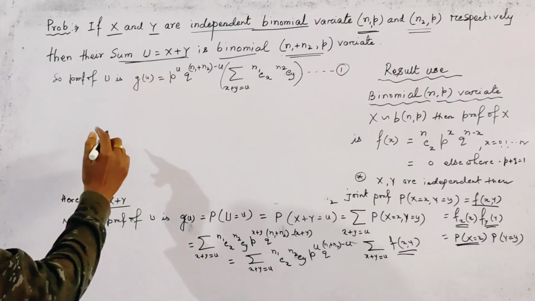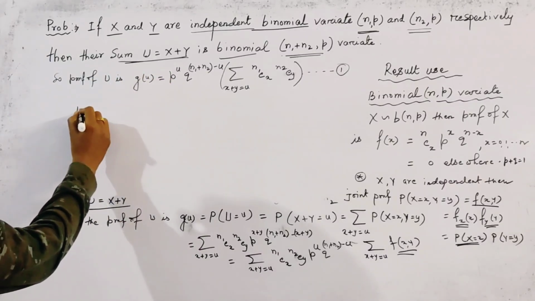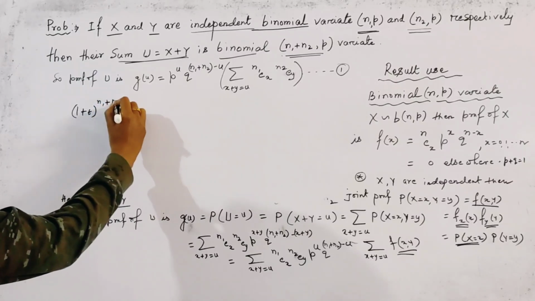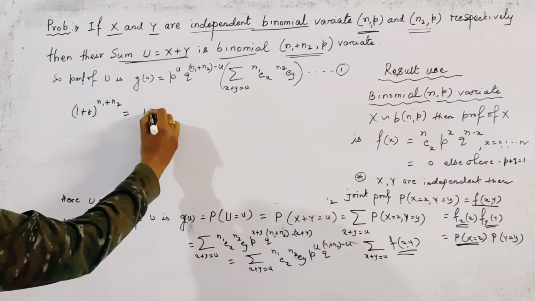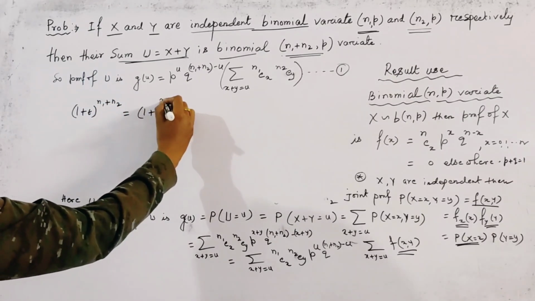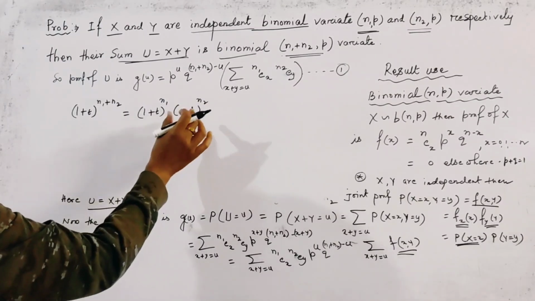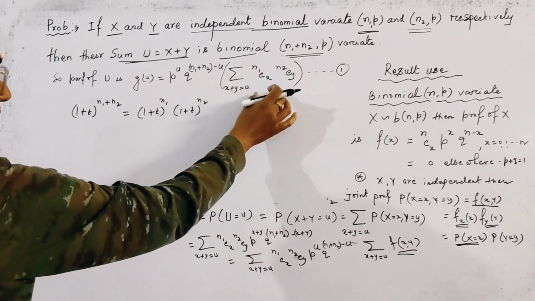Now we consider the identity (1 plus t) whole to the power n1 plus n2 is equal to (1 plus t) to the power n1 into (1 plus t) to the power n2, to find out the value of this function.